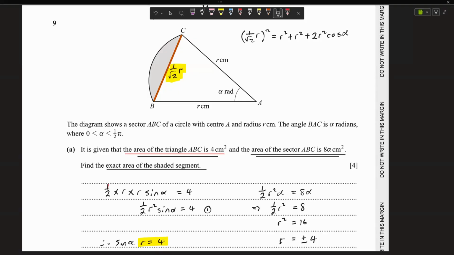And this is as good as 1 over 2R squared is equal to 2R squared plus 2R squared cosine of alpha. And this is as good as half R squared of 2R squared of 1 plus cosine of alpha.